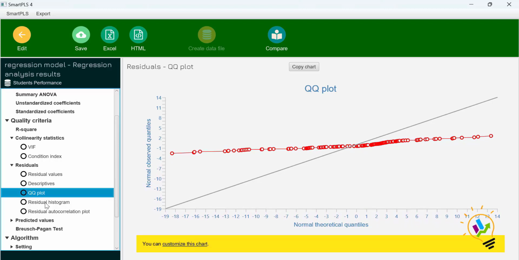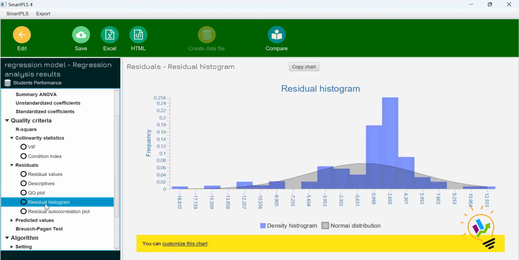Now we will see residual histogram. A good histogram of residual will show a bell-shaped curve with a peak at 0. This means that the residuals are normally distributed and that there are no major outliers. The histogram does not show a bell-shaped curve. Instead, it is skewed to right.